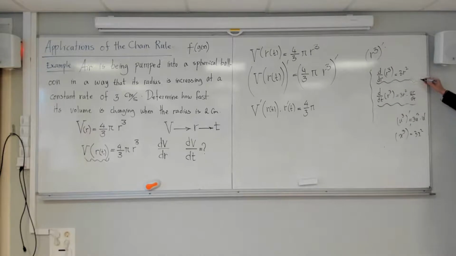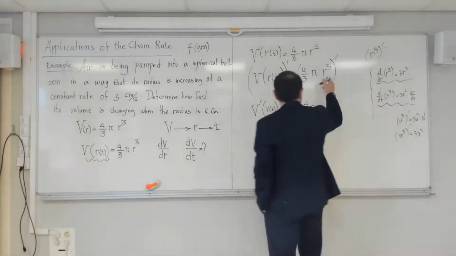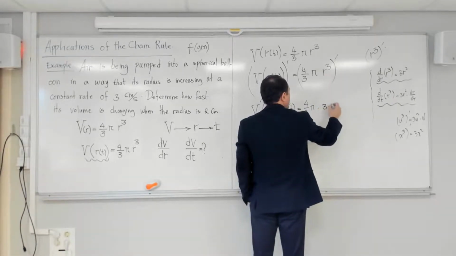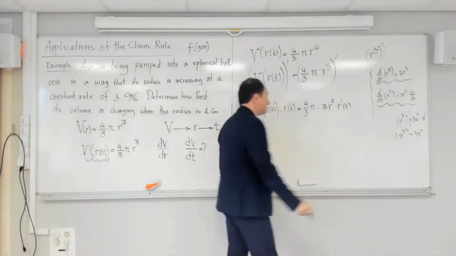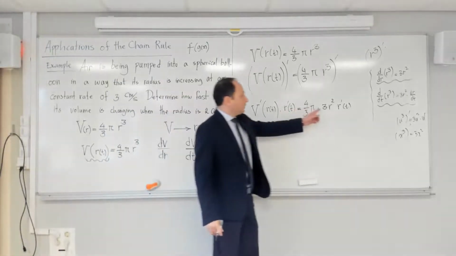So these are very important things that you need to be careful about. So then this becomes, according to that rule, 3r squared r prime of t. Yes? So 3r squared r prime.